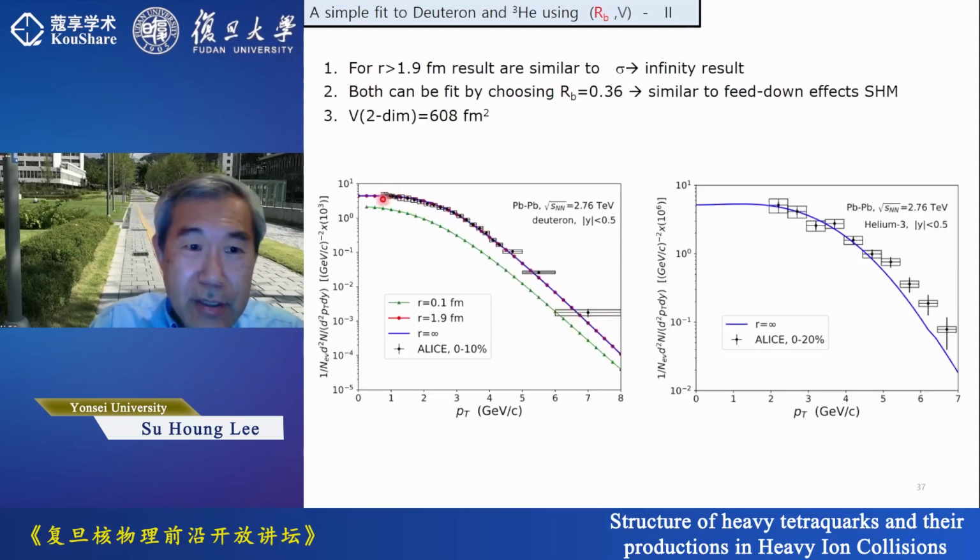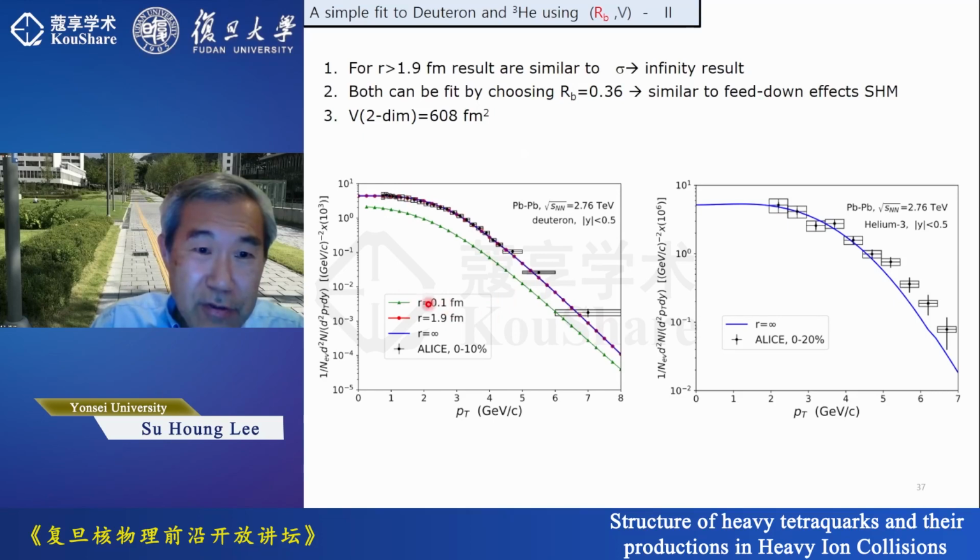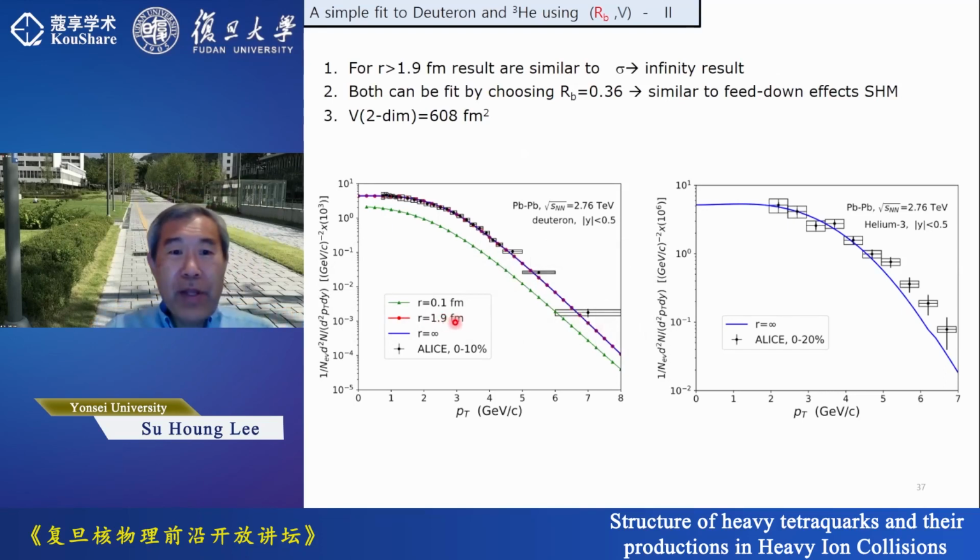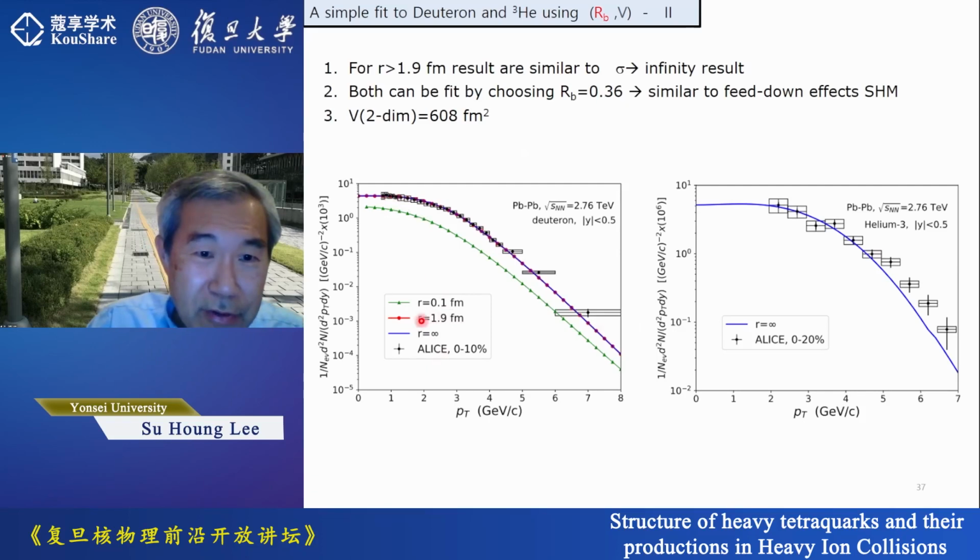So that's what we did. This is here deuteron, helium-3. One thing to note is that, assuming the deuteron size is very small, it obviously underestimates the data. But as long as the deuteron size is larger than 1.1 Fermi, whether we take 1.9 Fermi or a very large deuteron size, it really does not matter very much, and it more or less fits the data.